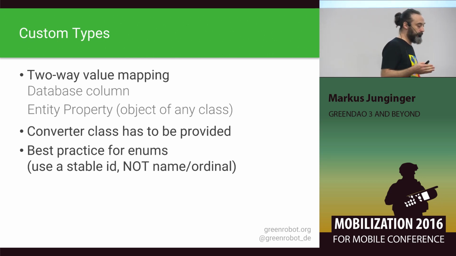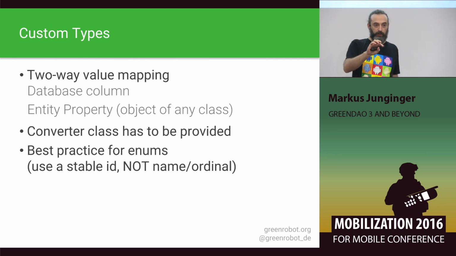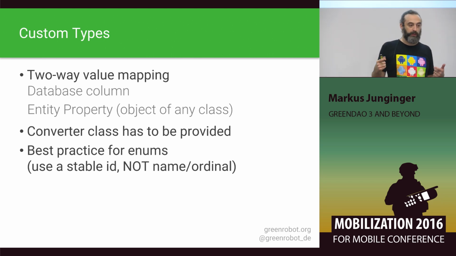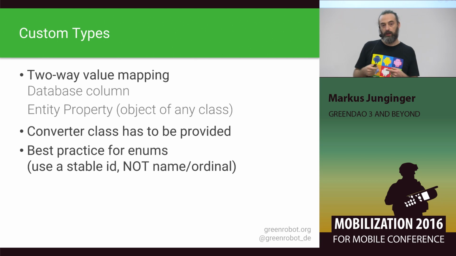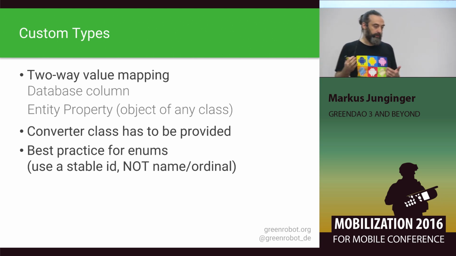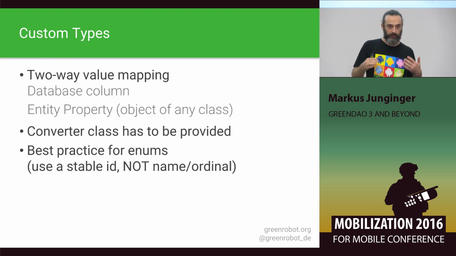And also, if you do this for enums, you shouldn't persist the name or the ordinal of the enum, which is free, but it's not so stable. If you insert a new enum in your enum list, it might break your data. So that's why you should use some ID which you define, and it will always be stable.